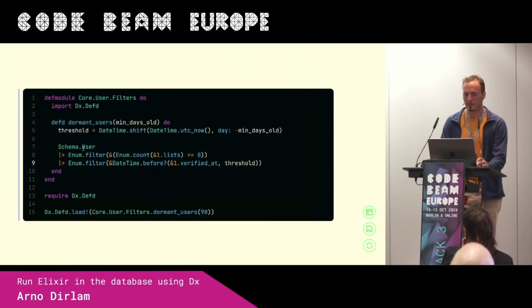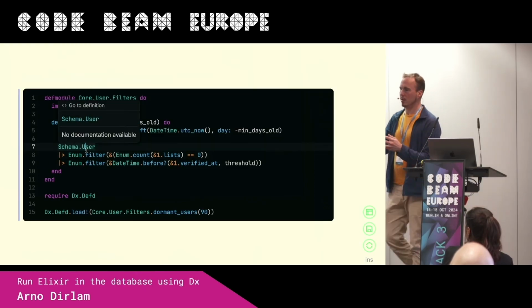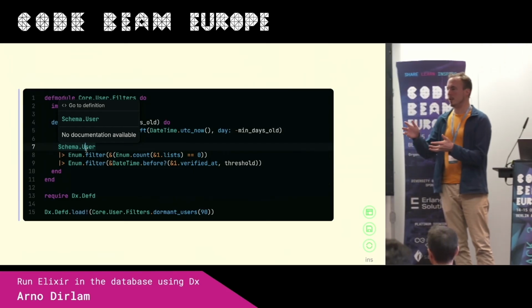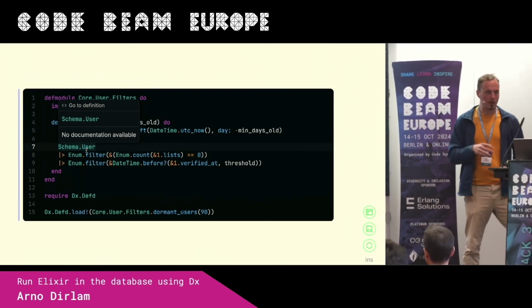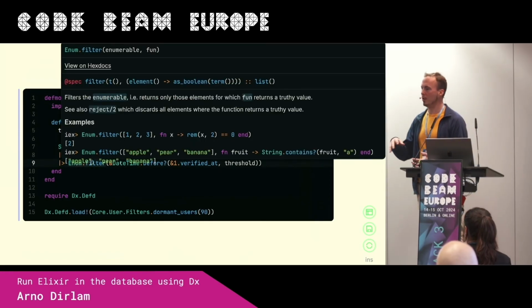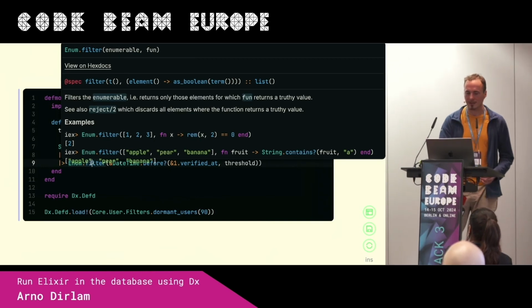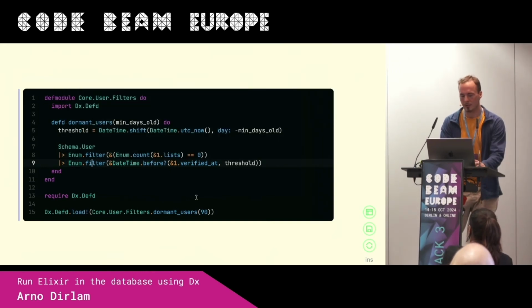And in DX, these enum functions, as long as they can be translated to SQL, are lazily evaluated. So in this case, the two filter functions are merged together, and only when the data is needed, or at the very end, at least eventually the data is needed, it will run the query.